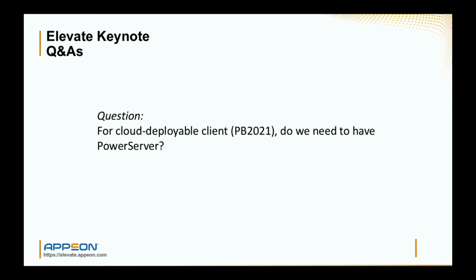Question: for Cloud Deployable Client PB 2021, do we need to have PowerServer? If you are looking to convert an existing client-server application automatically to be a cloud deployable app, then yes, you will need PowerServer. PowerServer automatically converts PowerBuilder's data access layer into a cloud-native architecture.